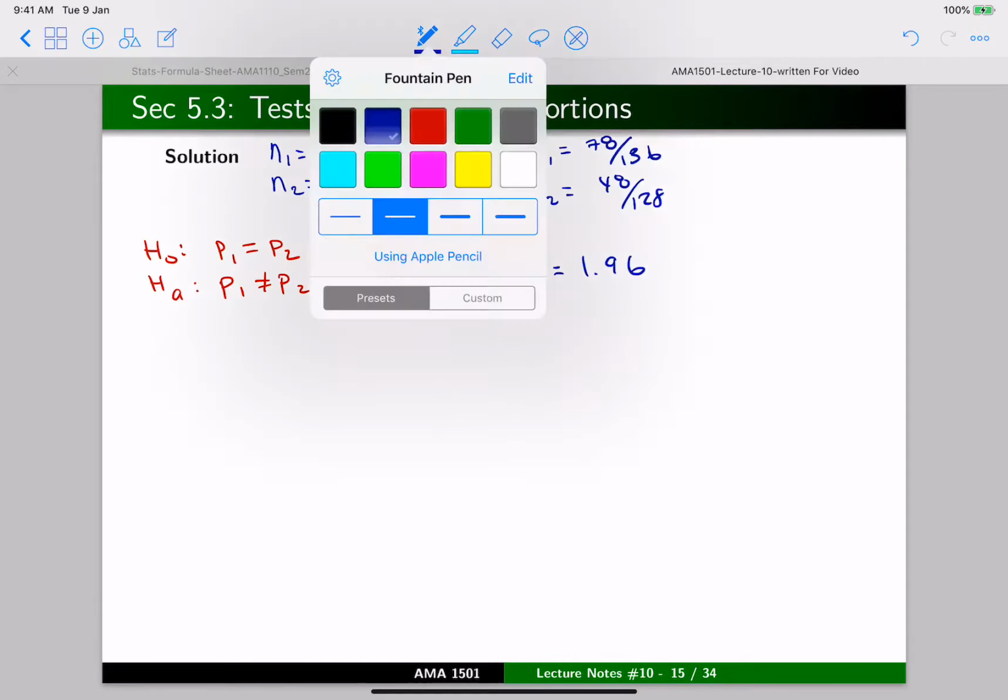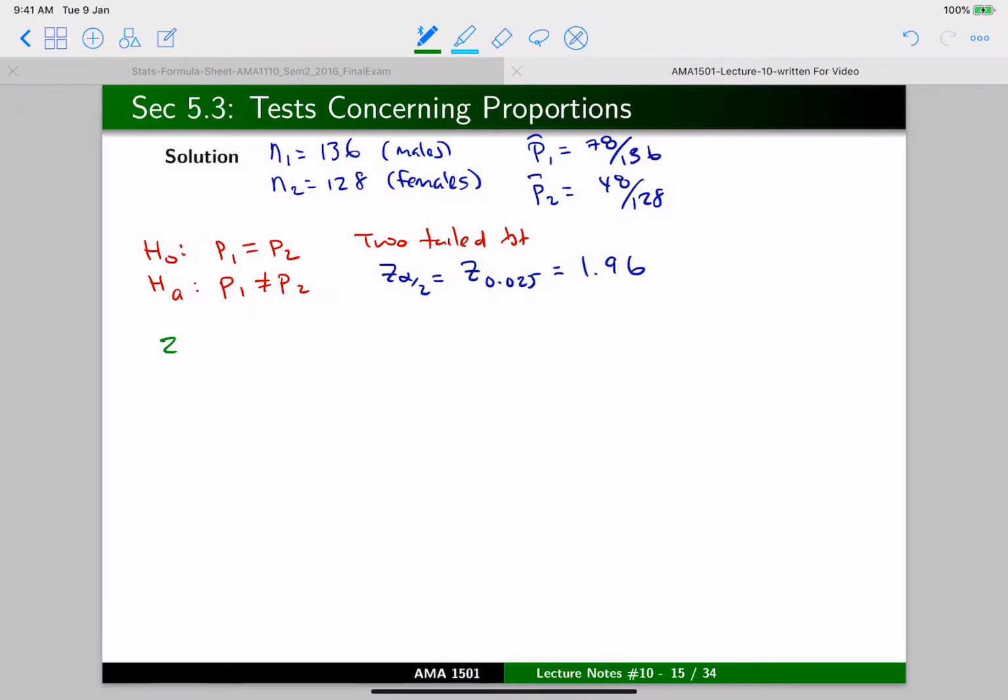Let us calculate our test statistic. The formula again, which will be provided for you on the final exam, is p1 hat minus p2 hat over the square root of p hat times (1 minus p hat) times (1 over n1 plus 1 over n2).